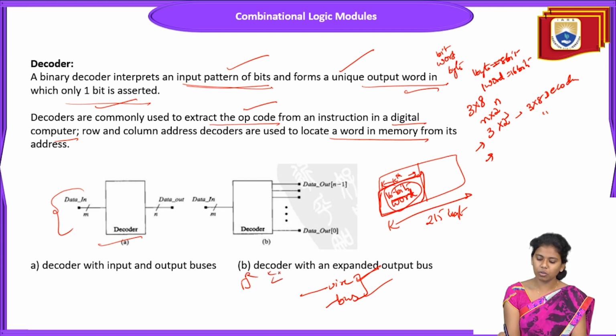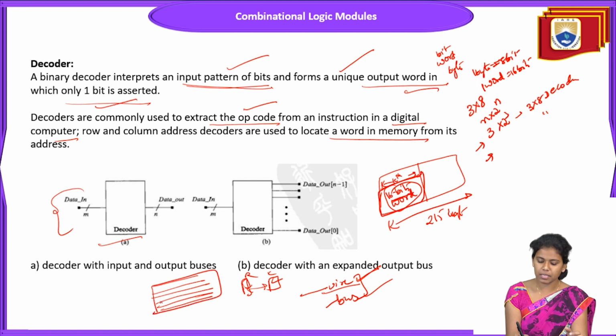If you want to connect these two, we simply use a wire, right? But in some cases, if you open a motherboard, you will see a belt-like thing. That is nothing but a bus. A bus is nothing but a collection of wires.